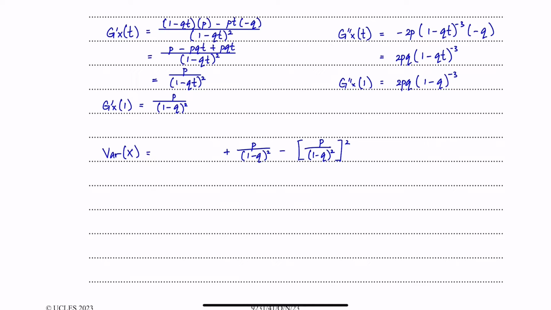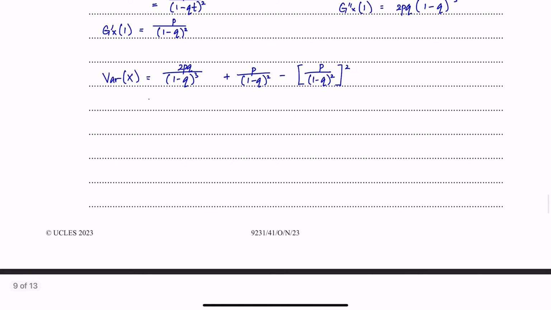Let's write this as 2pq over 1 minus q cubed to make it easier when we simplify the fractions. So now we can make all this expression have the same fraction, so we would need to have the same denominator.